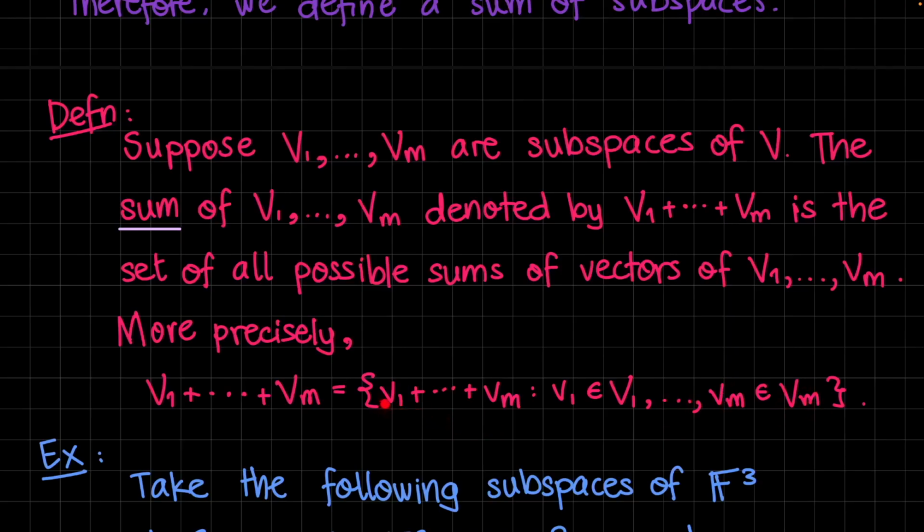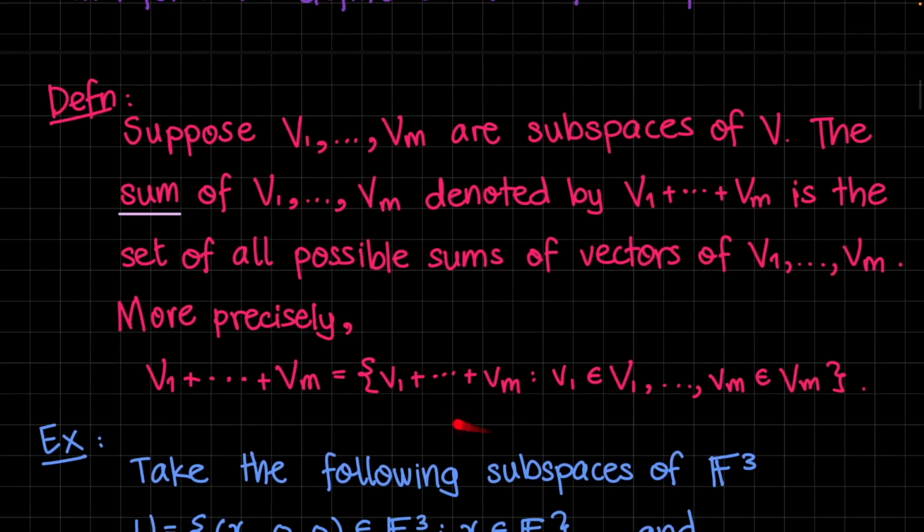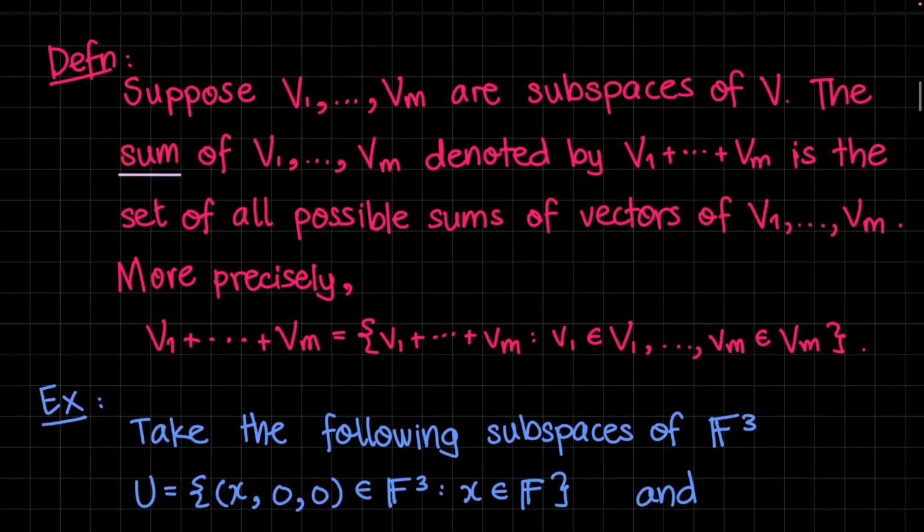So each of these individual summands belongs to the distinct subspaces that we had. So any arbitrary element of this subspace sum can be expressed as v1 through vm, where each of v1 through vm belongs to each corresponding subspace of V.